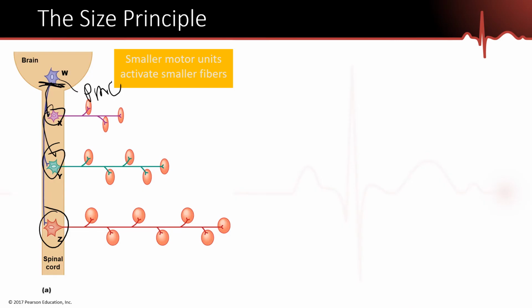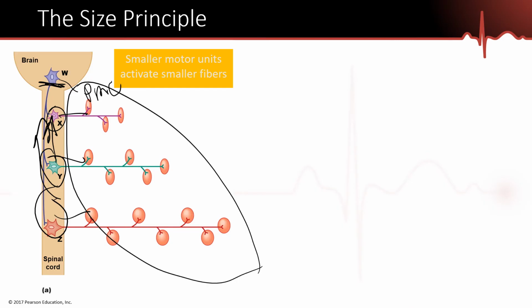And that's the second huge error that this image has. These alpha motor neurons should all be located in the exact same region of the spinal cord, the cervical region. And their axons should all be traveling through the exact same nerve, the musculocutaneous nerve, out to the biceps muscle.